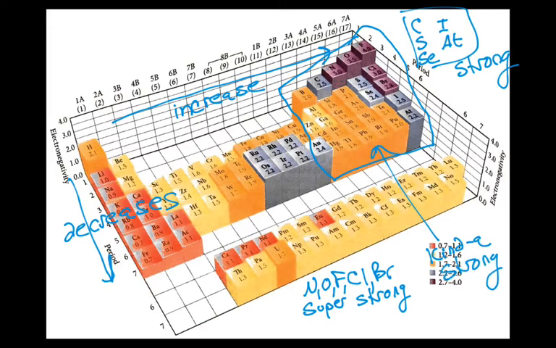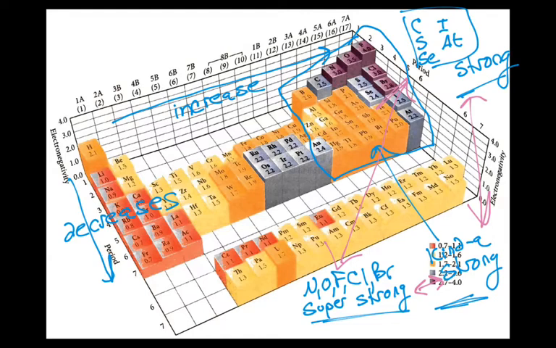Okay, so if two superstrongs bond together, there will be a nonpolar covalent bond. If two strongs bond together, nonpolar covalent bond. And if two kind of strongs bond together, nonpolar covalent bond. However, if a strong bonds with a superstrong, or a strong bonds with a kind of strong, or a superstrong bonds with a kind of strong, we will end up with polar covalent bonds.